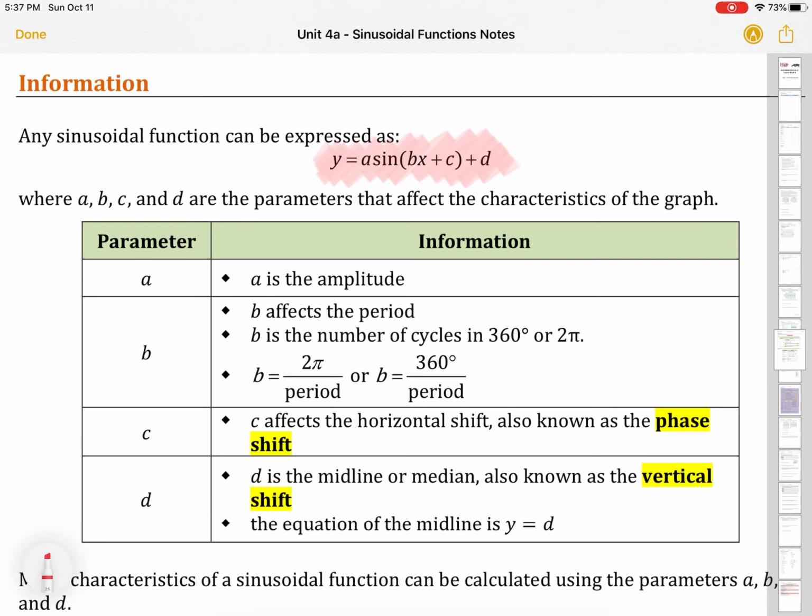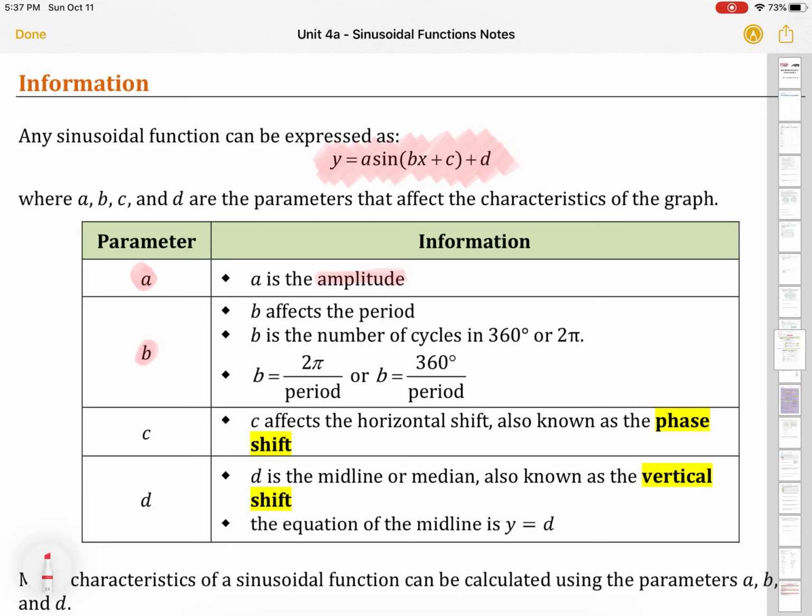So first, this is what we find out from it. Parameter A is the amplitude. So whatever value for A is going to give you the amplitude of your sine function.